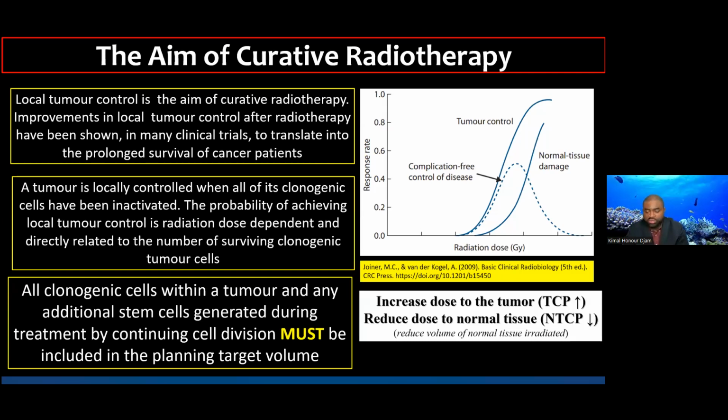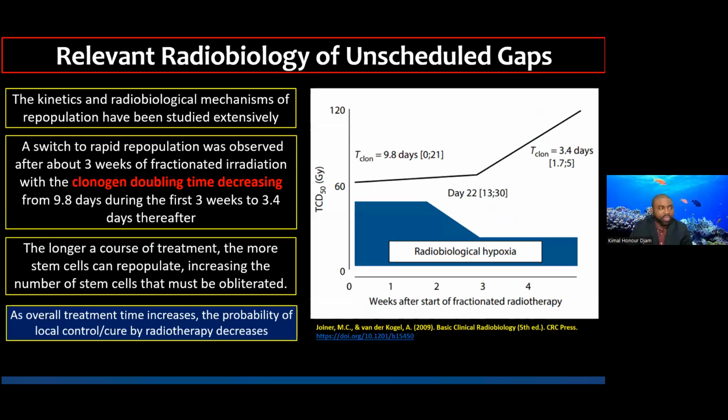the surrounding normal tissue. Now, this graph here is very important. As a physicist, it is essential for us to understand how a tumor behaves from the start of treatment to the end of treatment, because understanding the mechanisms and the radiobiological parameters that are important for tumor dynamics in the course of treatment will inform the decisions that we make.